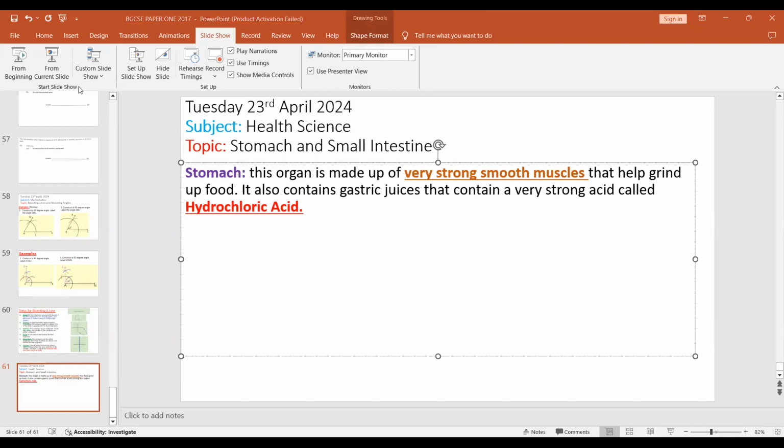And we also have gastric juices that have acids. Now, you need acids because acids are going to activate the enzymes. So let's write that down.